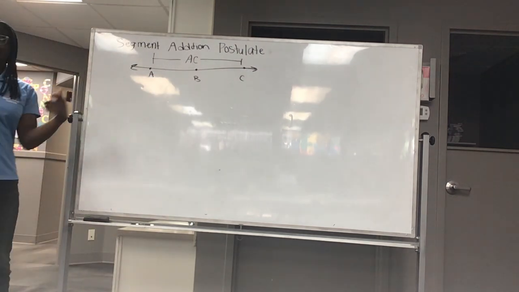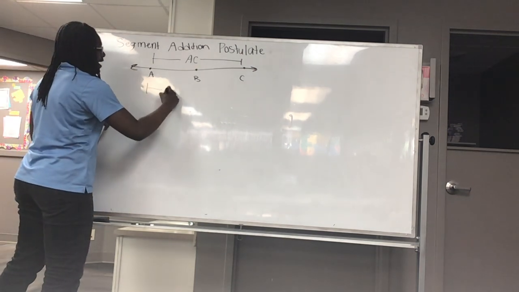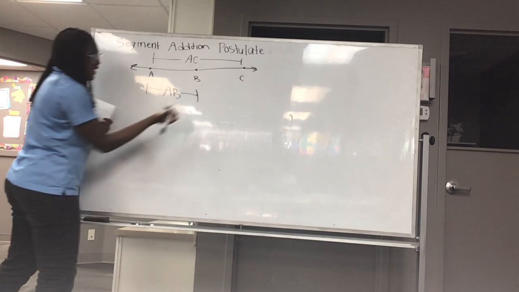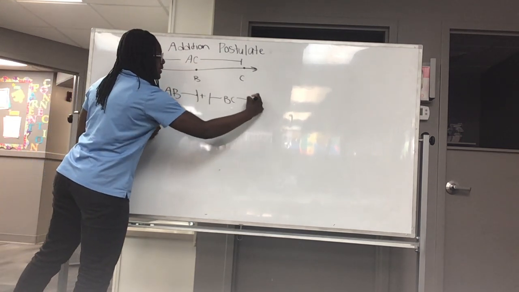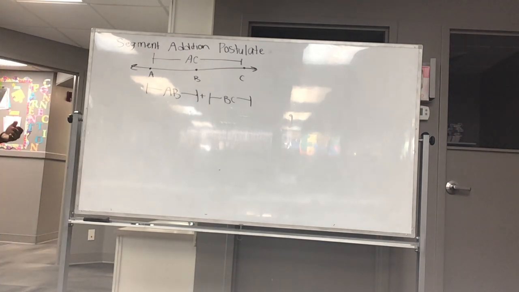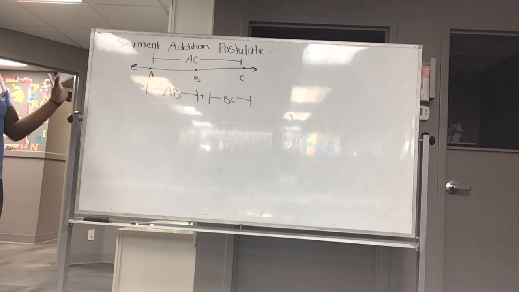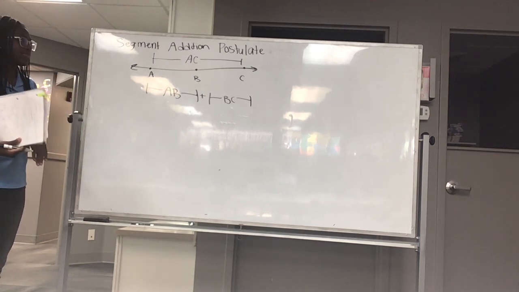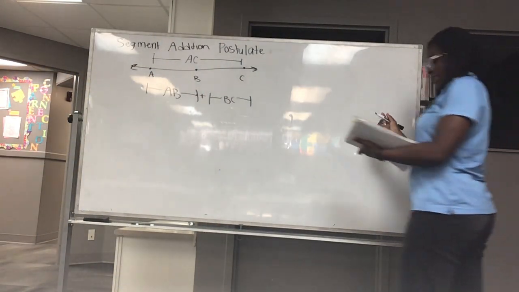From there to there is AC, and so our segment addition postulate is saying that AB plus BC is the same as AC. Kind of self-explanatory, but the two parts are going to add up to the whole. Hopefully you can all see this. I'm going to draw an example that we'll do.